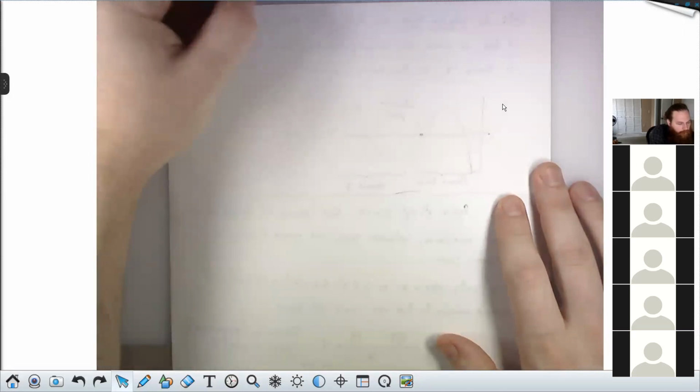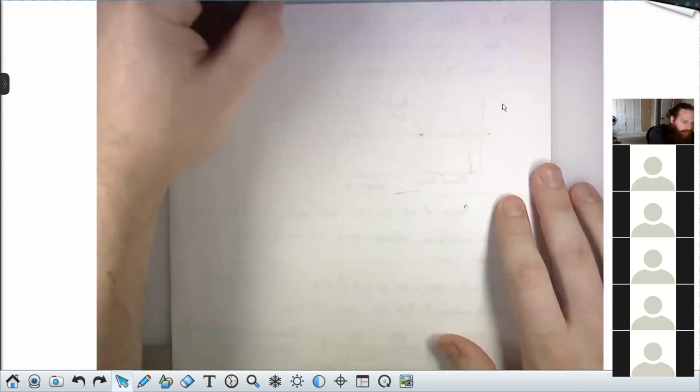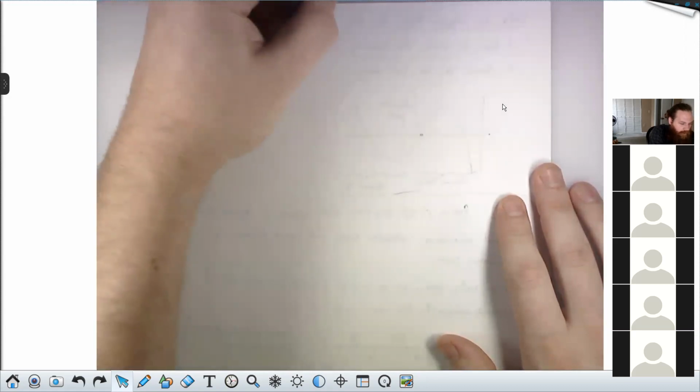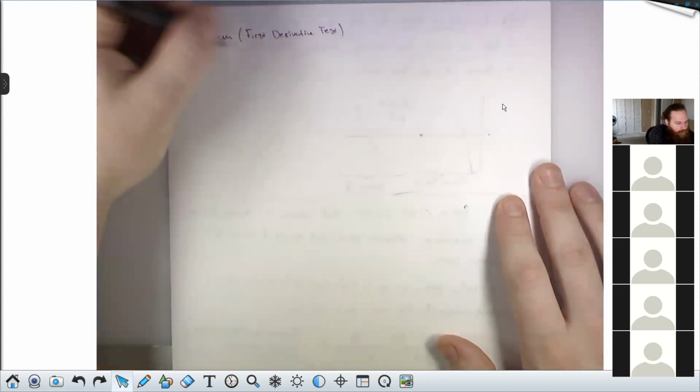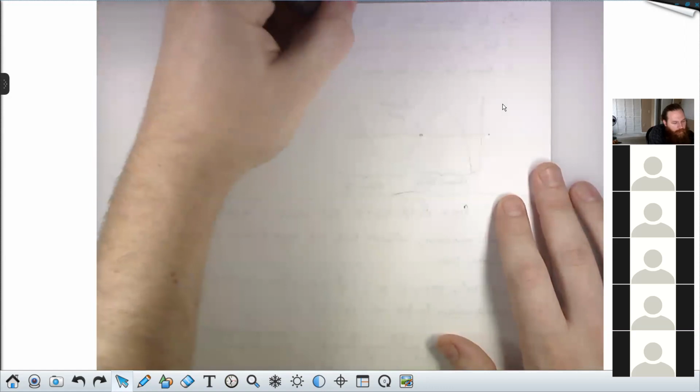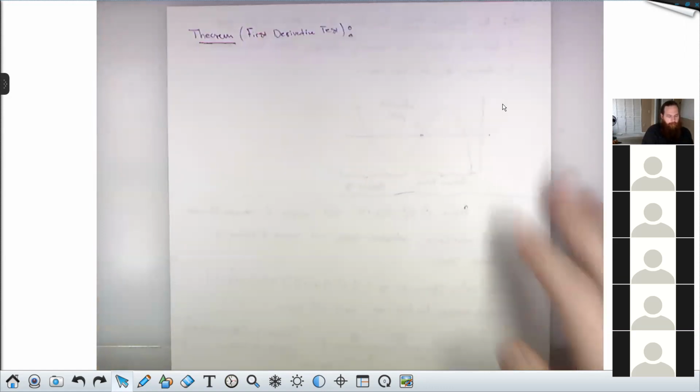So here's something that we've stated, but never written down carefully, and I want to make sure it gets into your notes. This is called the first derivative test.